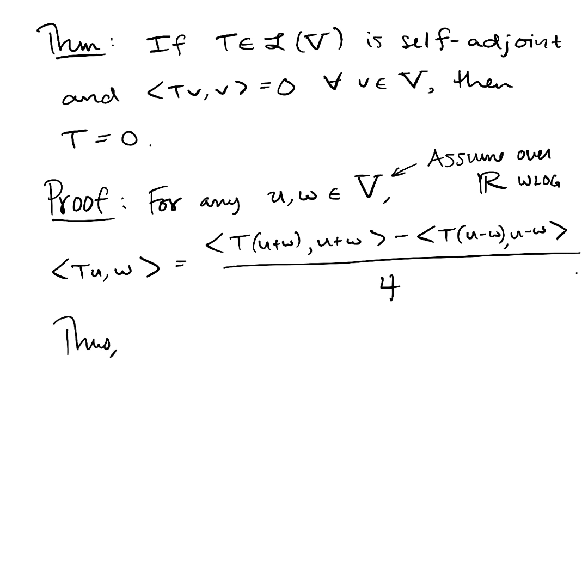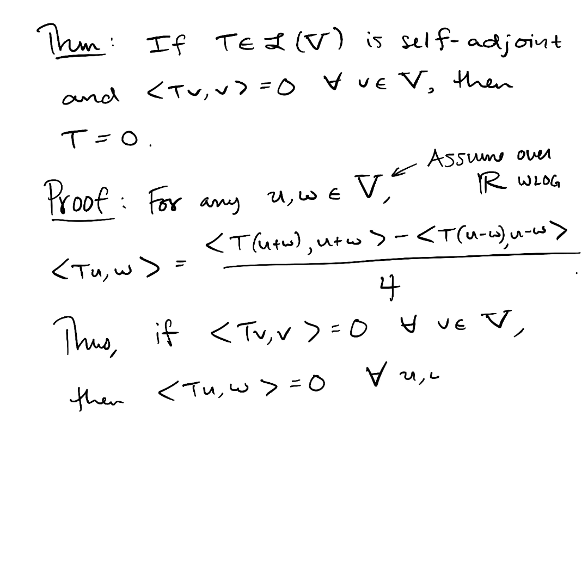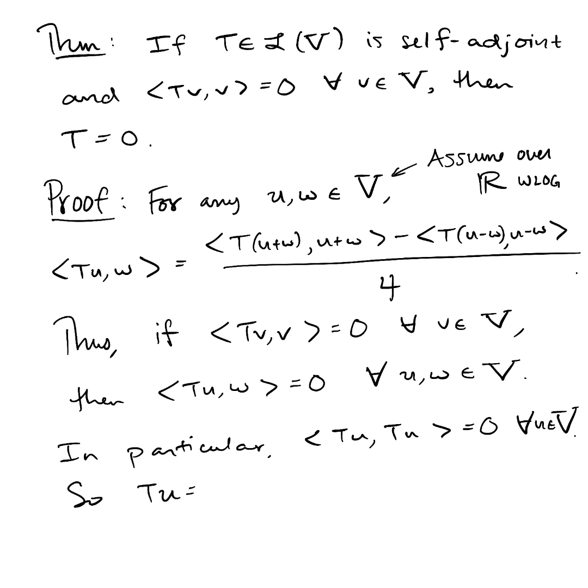Thus, if Tv ends up orthogonal to v for all v, then the inner product of Tu with w is 0 for all u and w in V. In particular, the inner product of Tu with Tu is 0 for all u in V. So Tu is equal to 0 for all u in V. So the proof kind of runs out the same as that technical proof from yesterday.